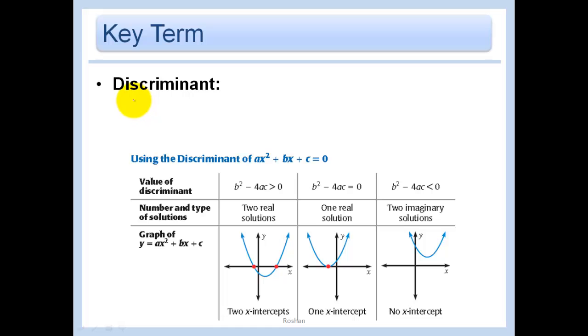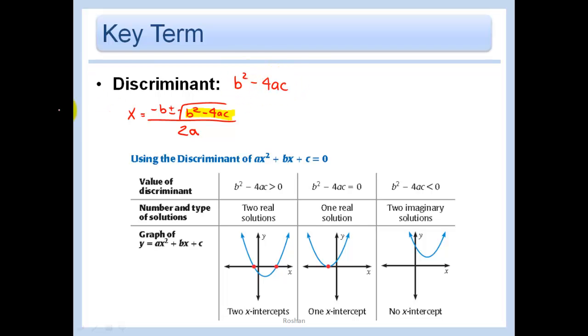The discriminant is defined as, in the quadratic formula, what is underneath of the radical. So when I have x equals negative b plus or minus root b squared minus 4ac all over 2a, the discriminant is just what is under my radical sign. In other words, it's just the b squared minus 4ac.